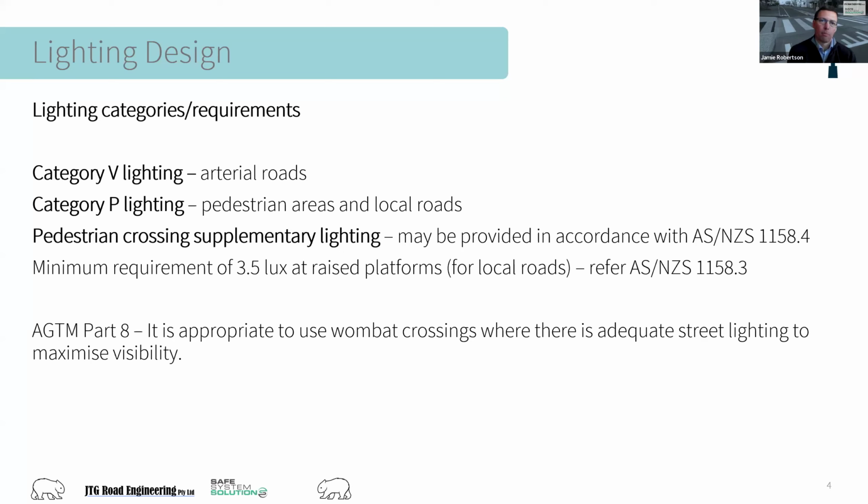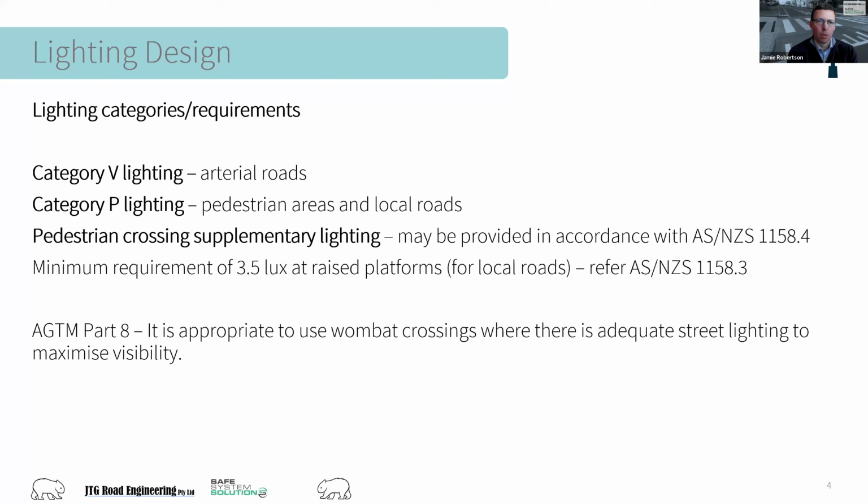Pedestrian crossing supplementary lighting is sometimes provided at crossings. It's described in detail in the standard 1158.4. And again, it comes back to jurisdictional policy as to whether that's applied.